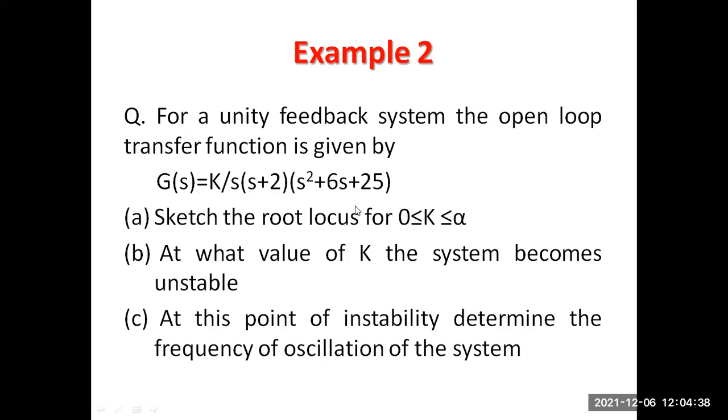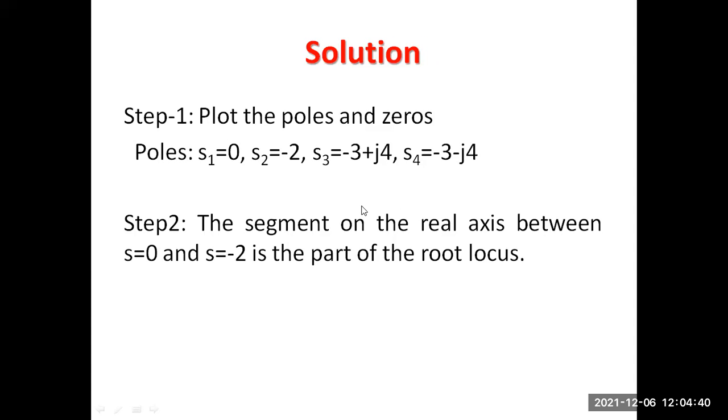There are no zeros, so only four poles. Now, first of all, we have to plot all these poles in the s plane. So that is the first task. You have to remember: s equal to 0, s equal to -2, -3 plus j4 and -3 minus j4. These are your poles.